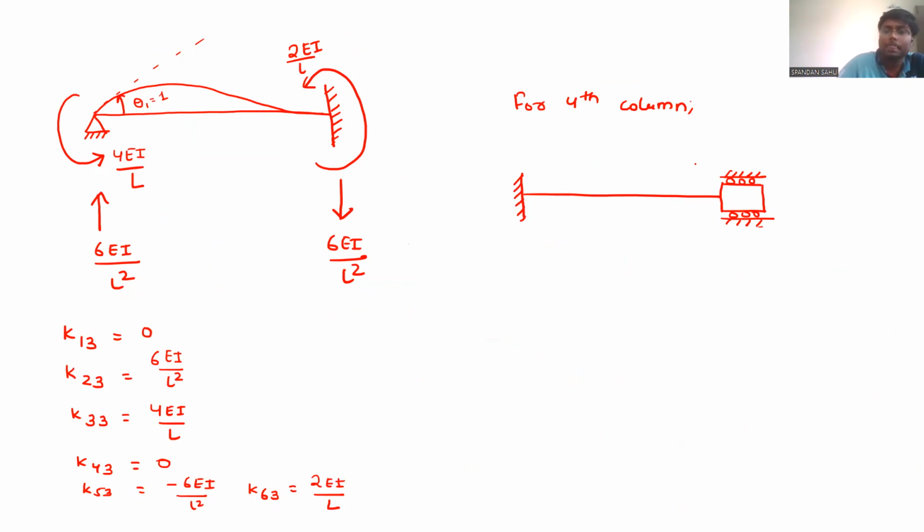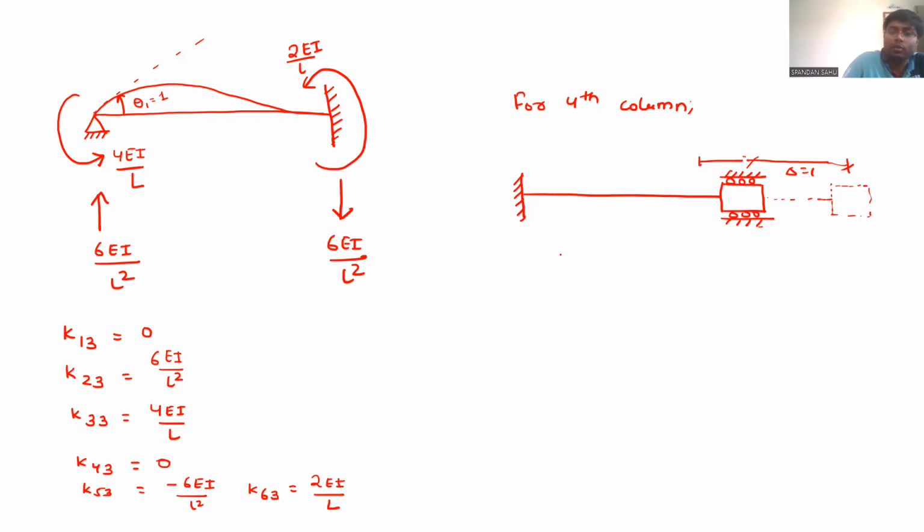It is getting expanded by delta amount. So from here it is moving to this position. So this delta is 1. This delta value is 1.